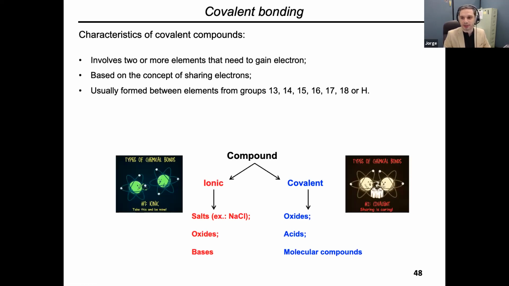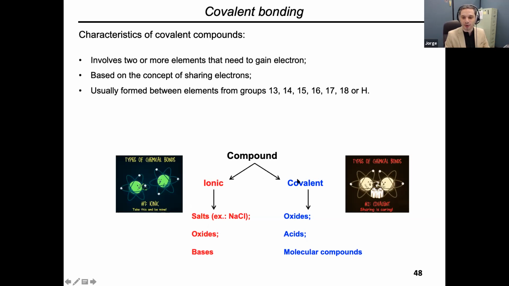All right, so I showed you in details ionic compounds, how we write the formula, how we name the compounds. And ionic compounds are also called salts, okay? We can also have oxides and bases as ionic compounds. Ionic compound is the perfect marriage. One element needs to lose electrons and another element needs to gain electrons.